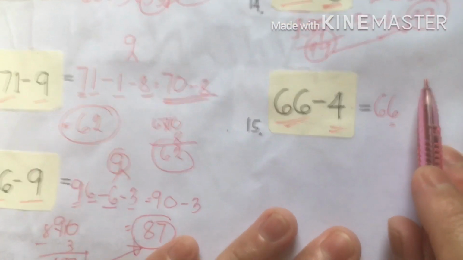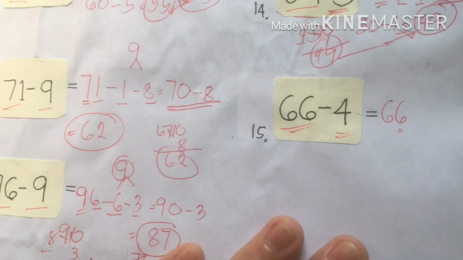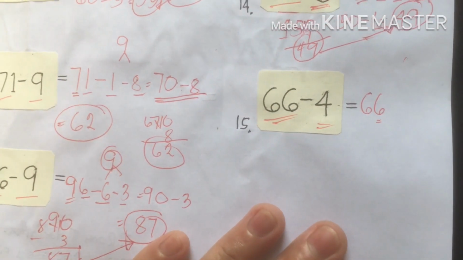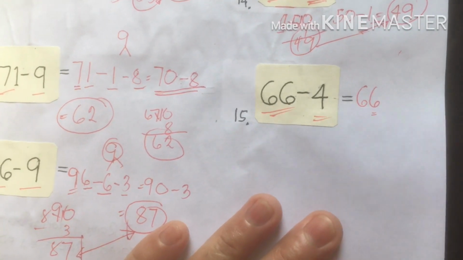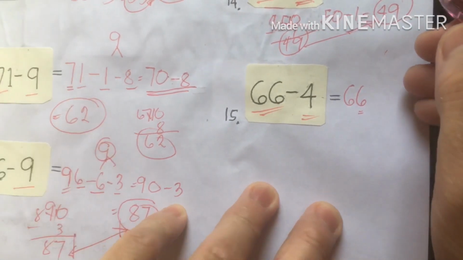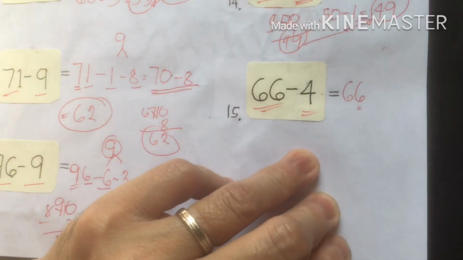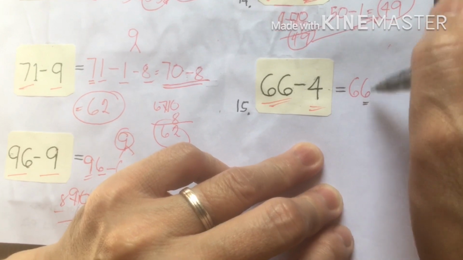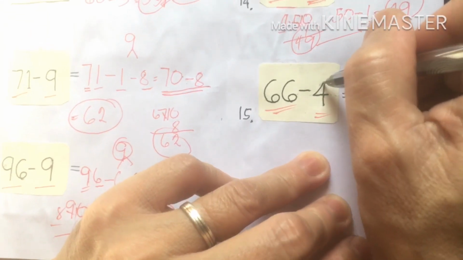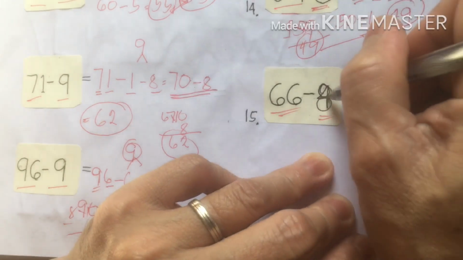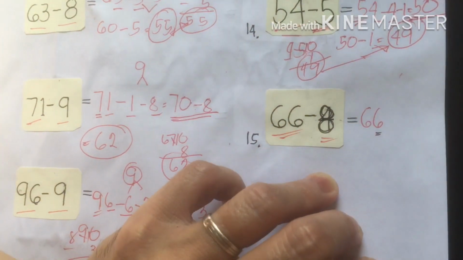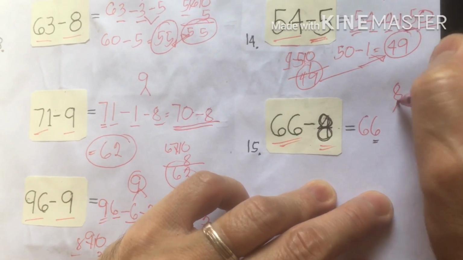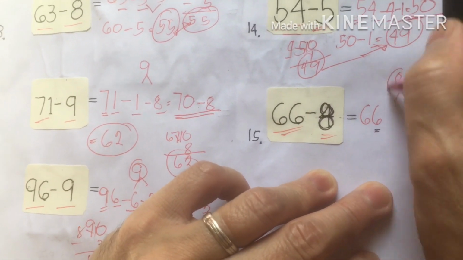So when we break 4, it's not the same for our first digit of the given equations. Instantly, guys, I'm going to change it to 8. 6 becomes 8, guys. Remember that. Break 8.